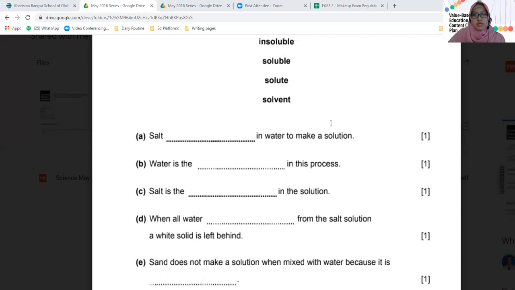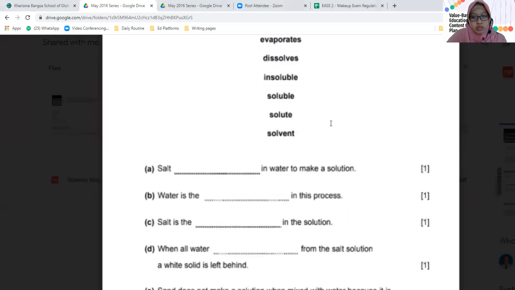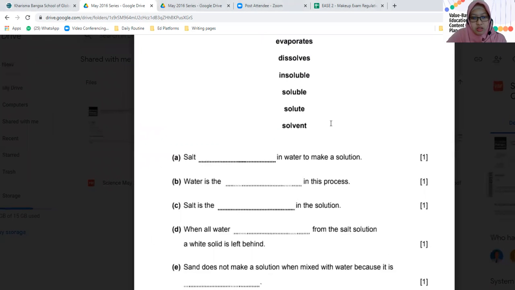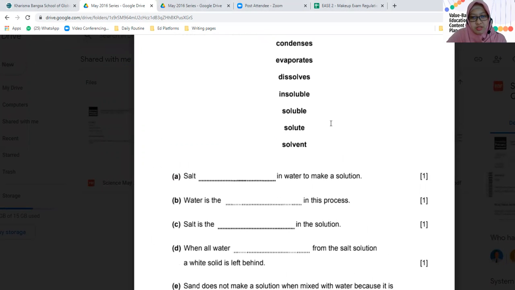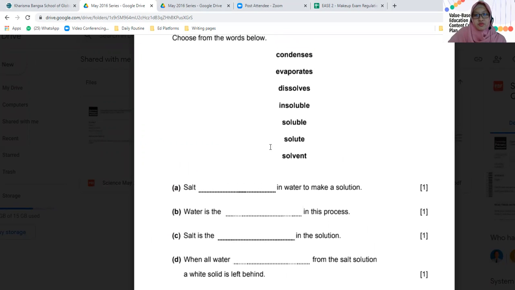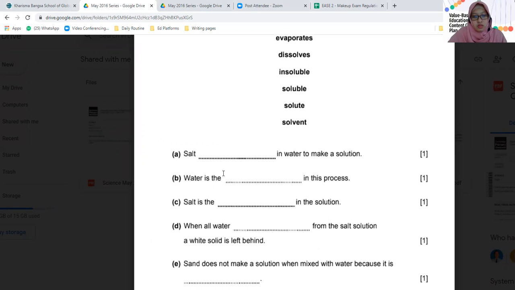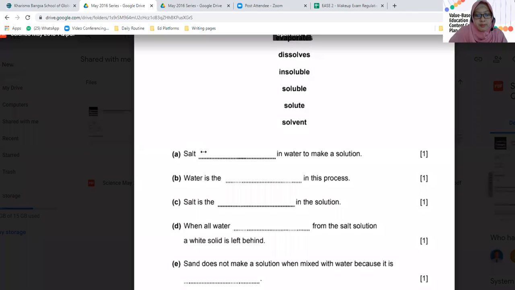The first one: salt dissolves in water to make a solution. You know, solution means that it dissolves. Then water is the solvent in this process.